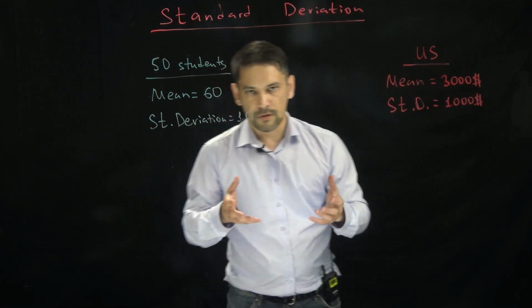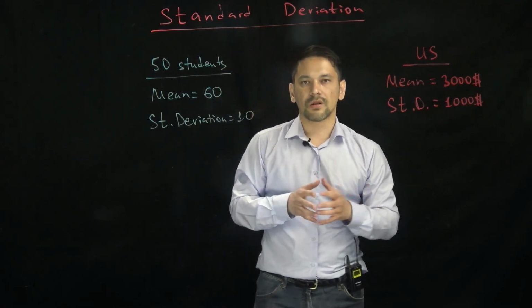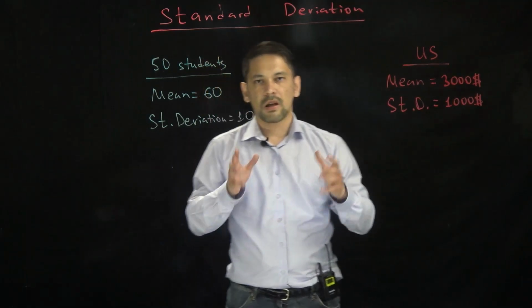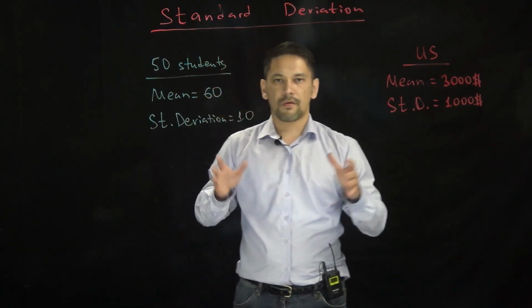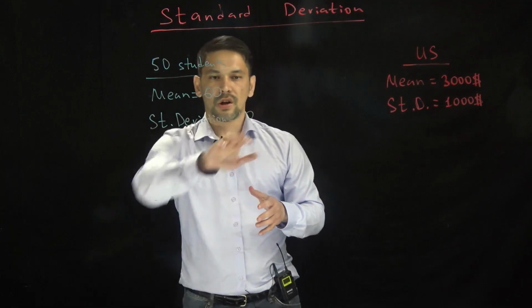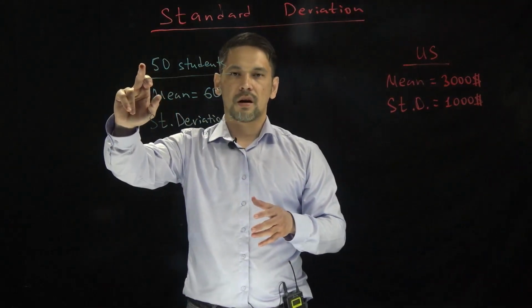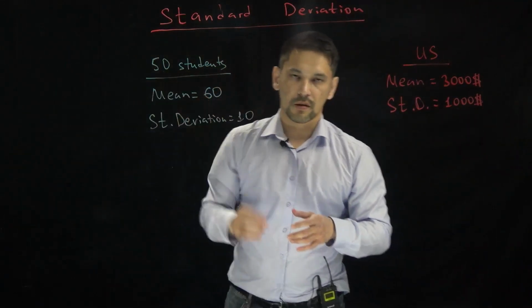Or if it's still hard for you to understand what I mean by a standard deviation, you can think of it this way. A standard deviation shows how far we are from the average. It shows how far all these 50 students are from the average score over here.